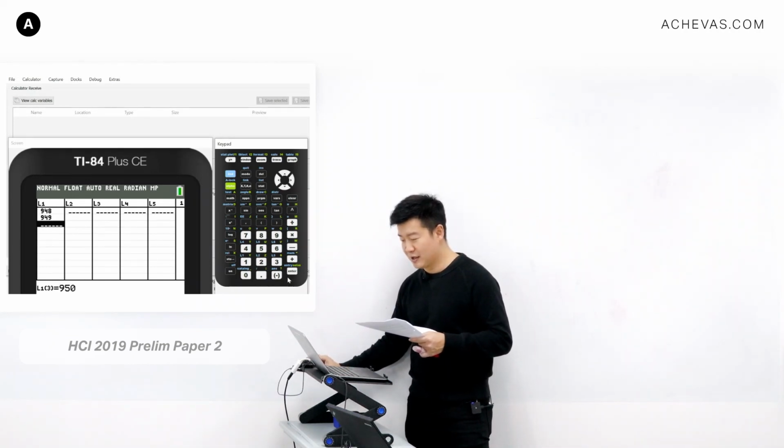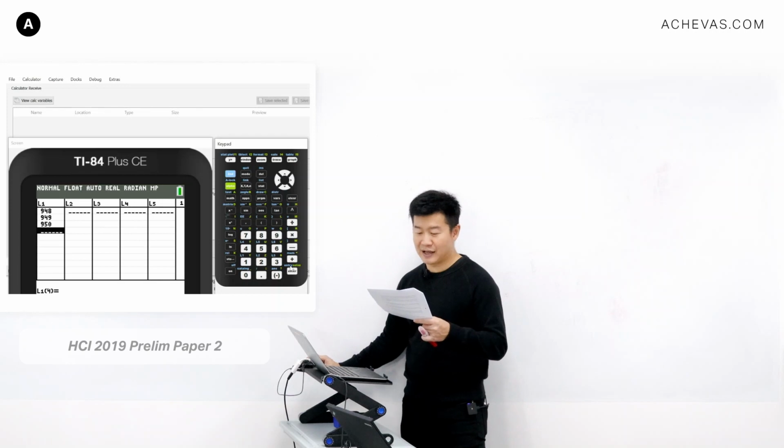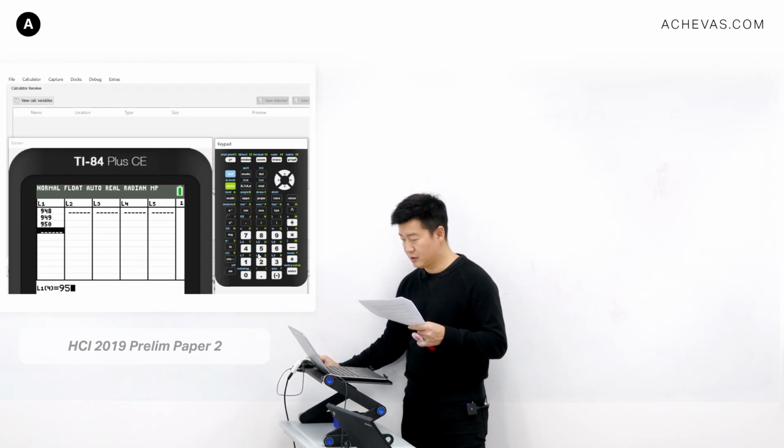It is just going to be the number given to you, and it happens just one time. So then 952, and we have a 953, and we have a 955.